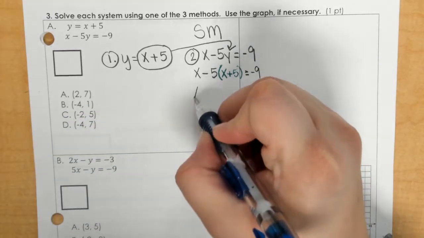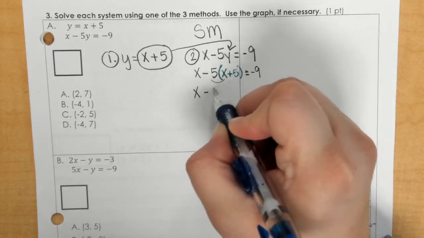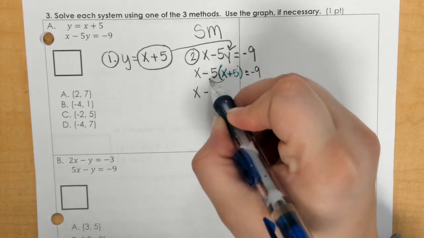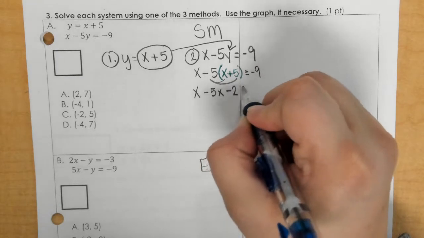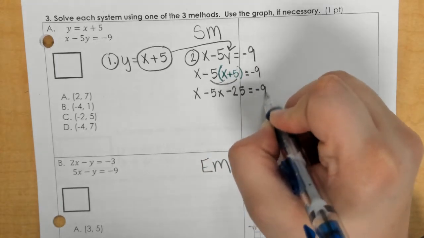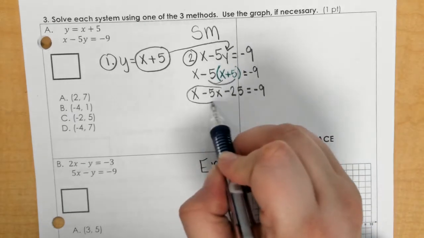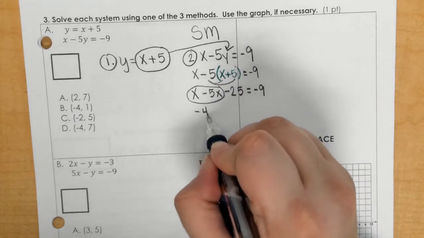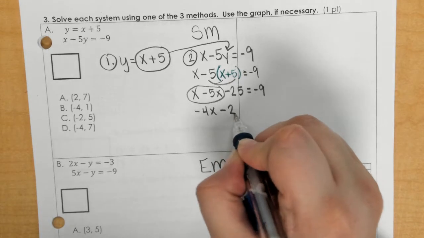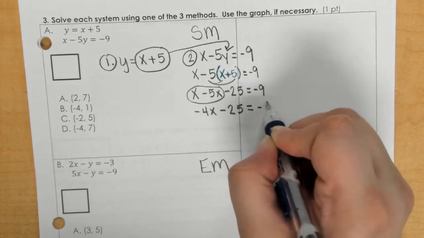So x comes down, I distribute the negative 5x, I distribute the negative 5 again, so negative 25, equals negative 9. So now I combine like terms, I get negative 4x minus 25 equals negative 9.